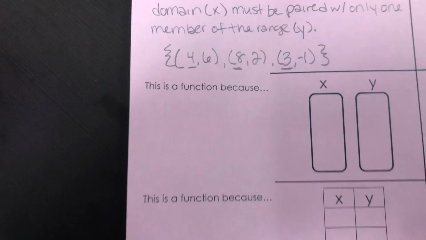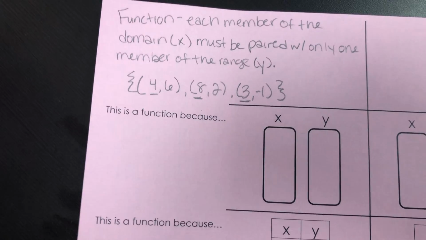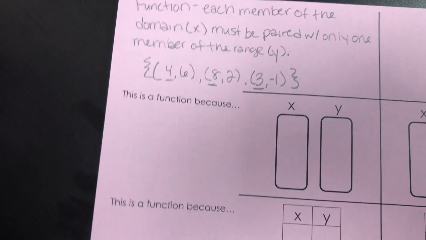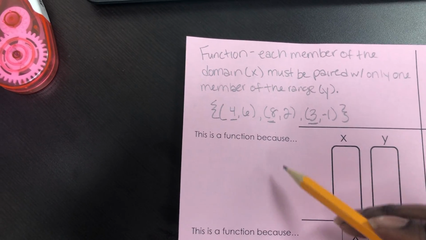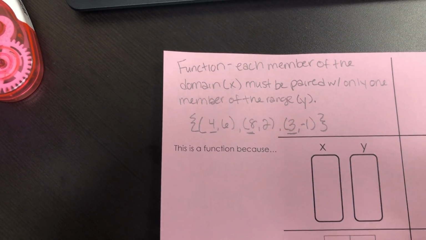All right, so we're going to go through these different examples right here, state why they're functions, and put some examples of functions on here. Right here, this little setup is called a mapping.